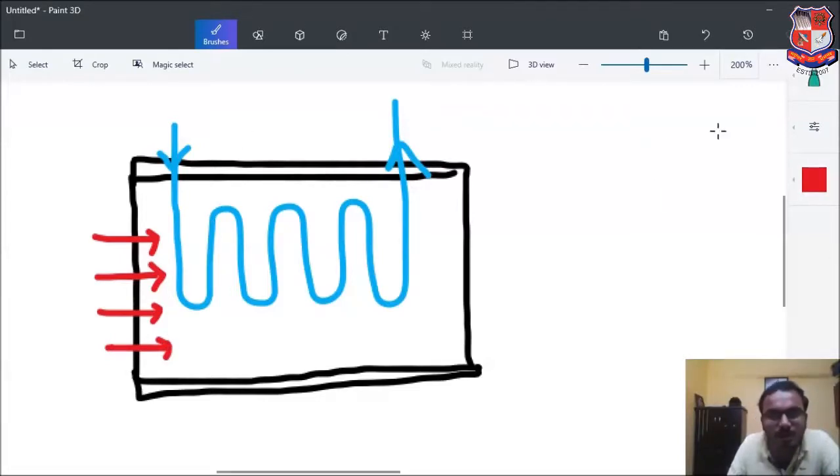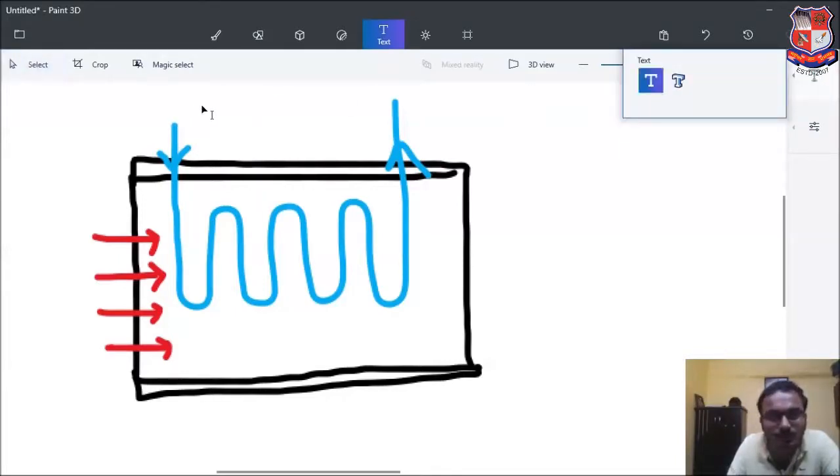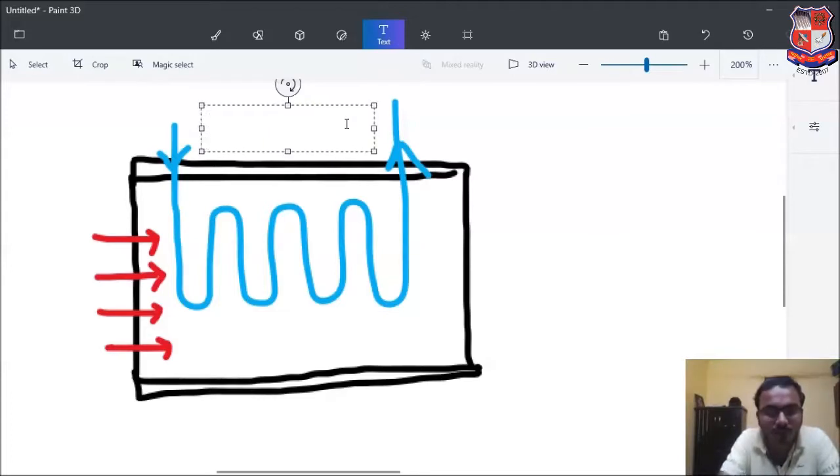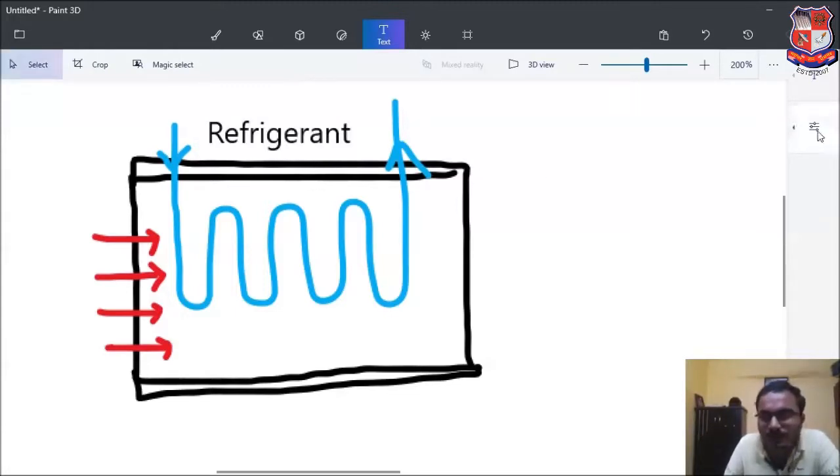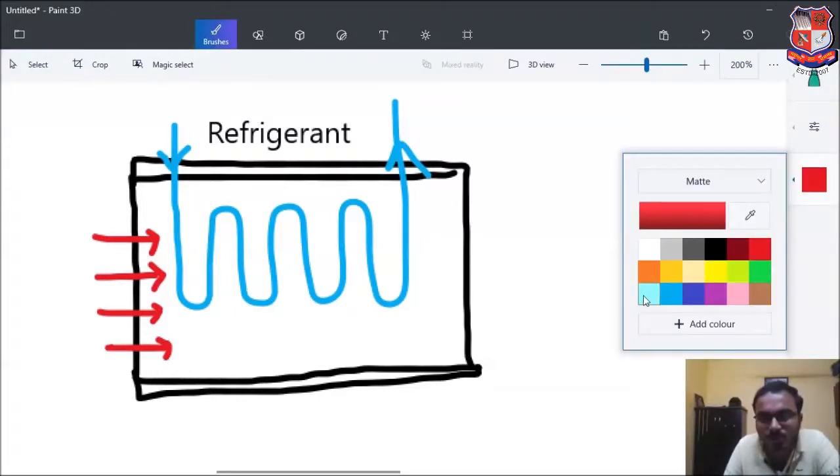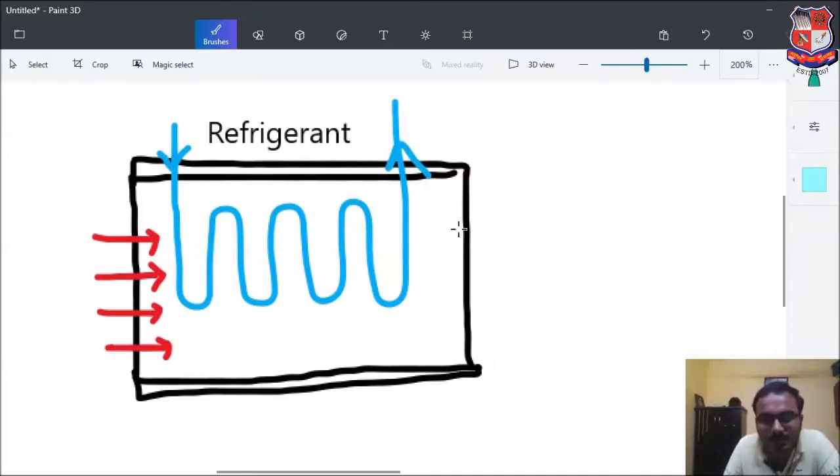And this is the refrigerant, so this part will be our refrigerant. And this will be our hot air, and it should get cold as it is leaving this arrangement.